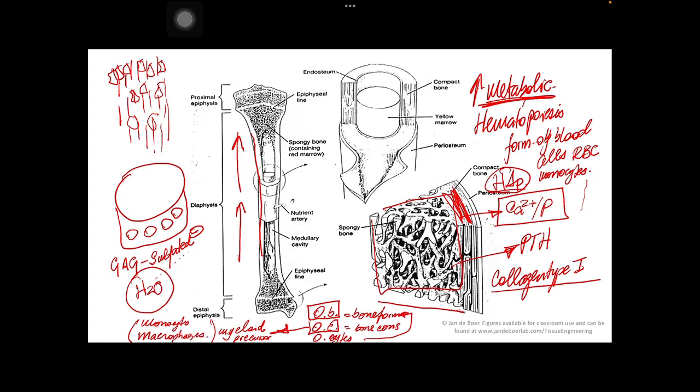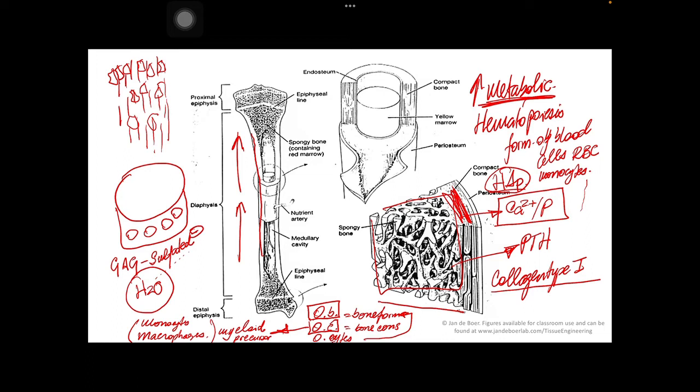Macrophages are important cells in the immune system that can help to consume extracellular matrix or tissue.